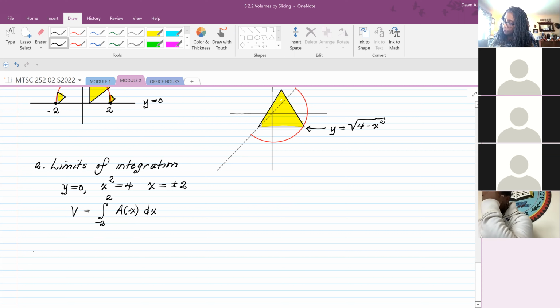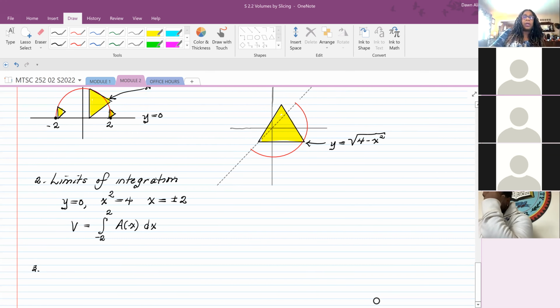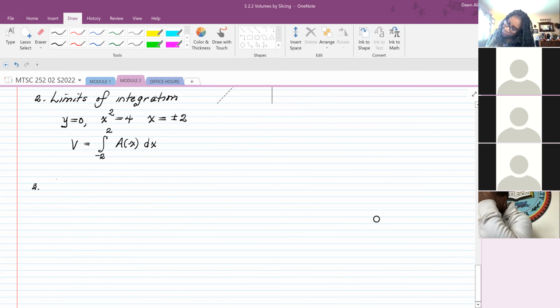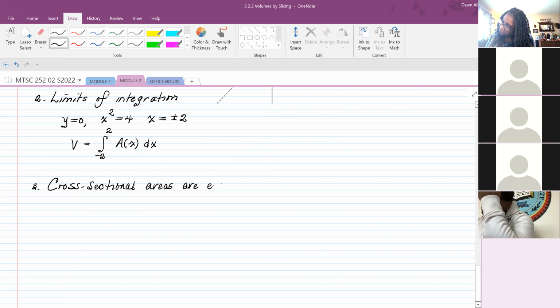Cross-sectional areas I already know are equilateral triangles. So therefore, I need to find the area of that.